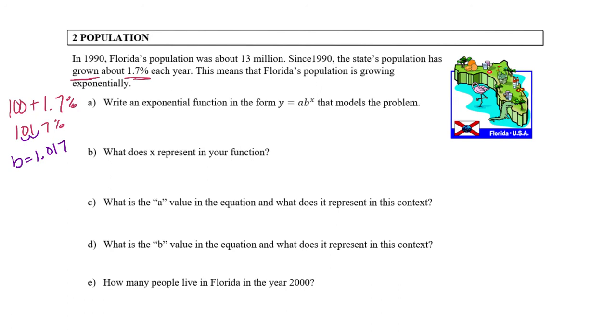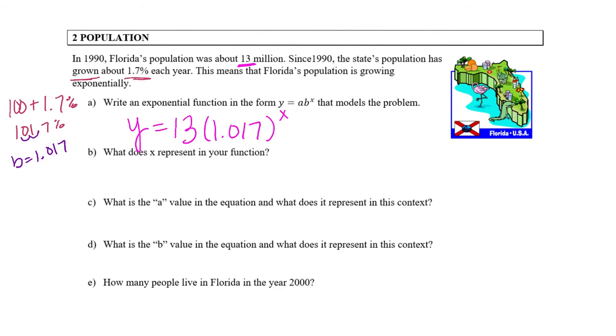This means that Florida's population is growing exponentially. Write the exponential function in the form y equals a times b to the x. All right, so y equals a. So our start population is 13 million. Our b we figured out is 1.017 to the power of x, where x is time in years. Now it says, what does x represent in your function?